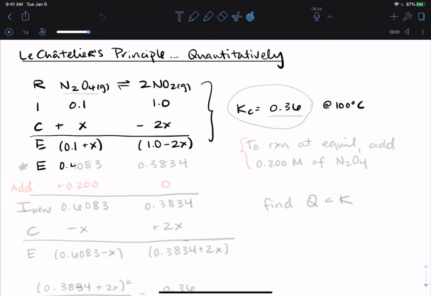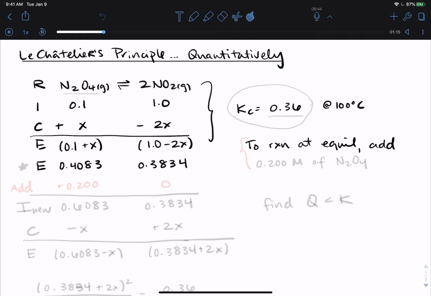The N2O4 concentration was 0.4083, and the NO2 concentration was 0.3834.